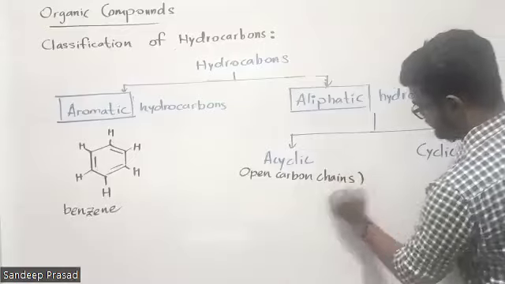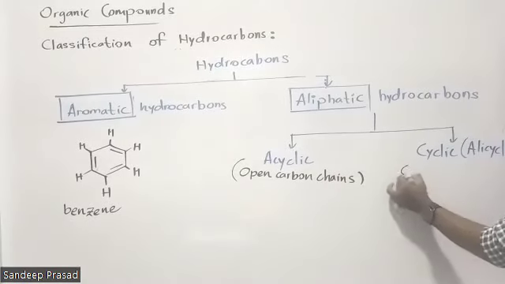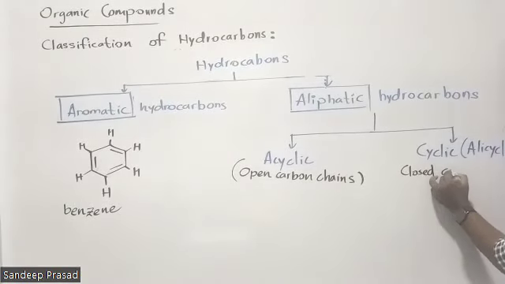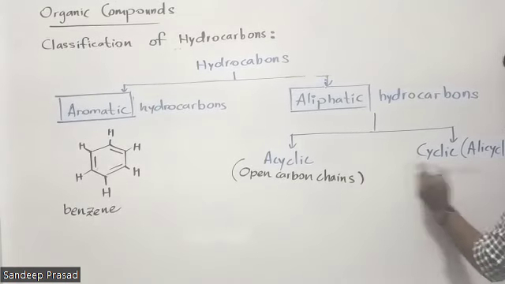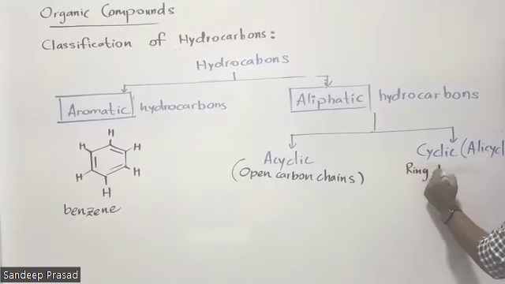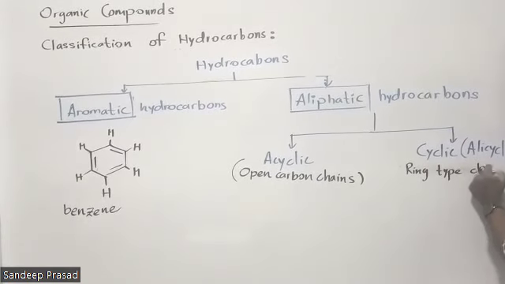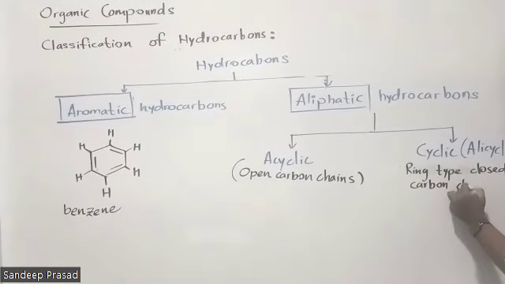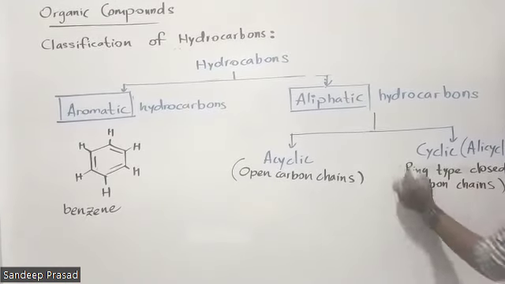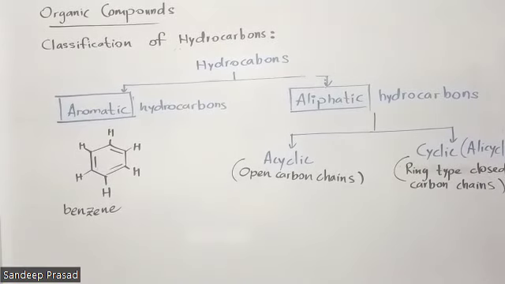If you want, you can write that down. Cyclic means closed carbon chains, ring type closed carbon chains. These are known as cyclic hydrocarbons, and that comes under aliphatic hydrocarbons.